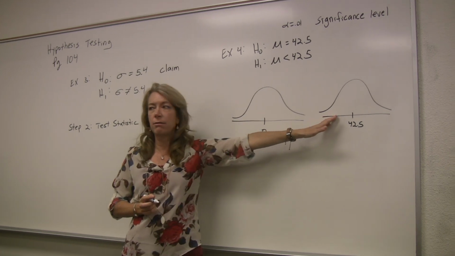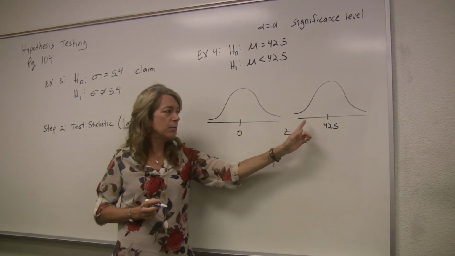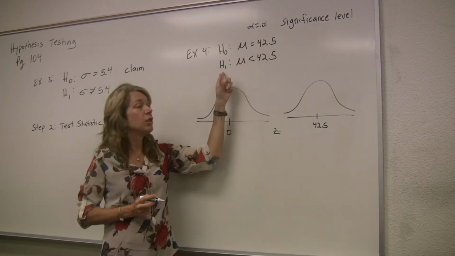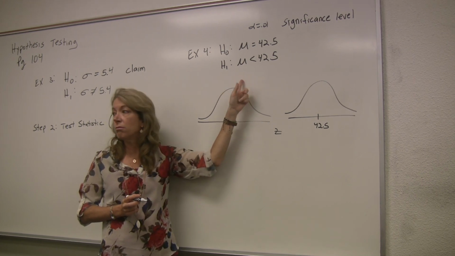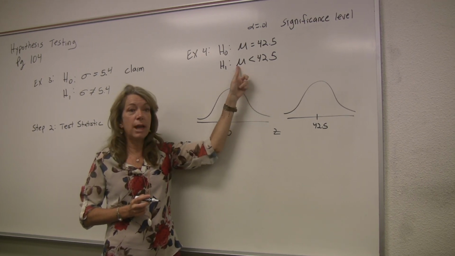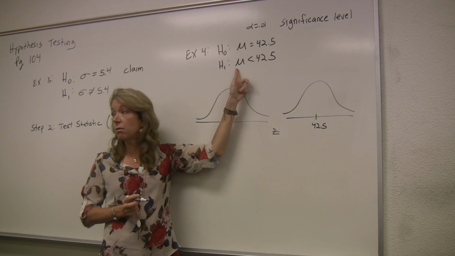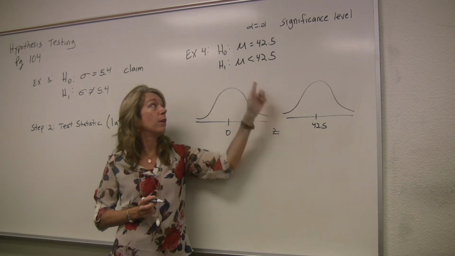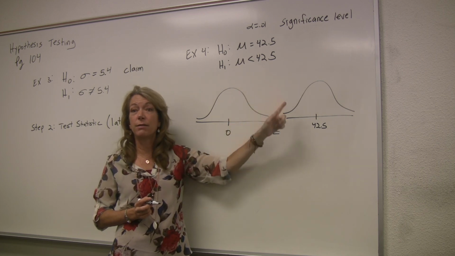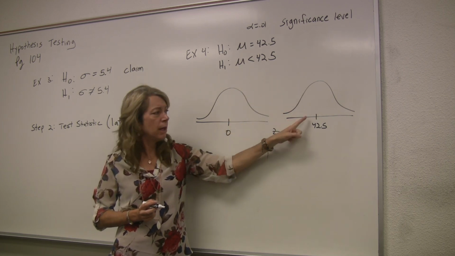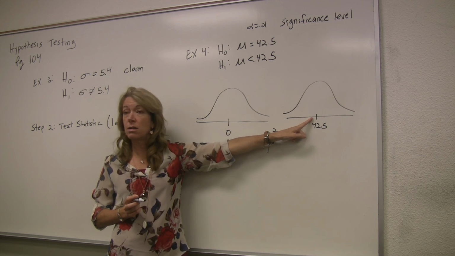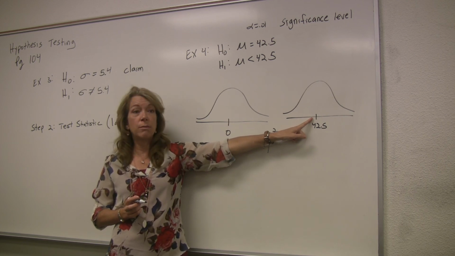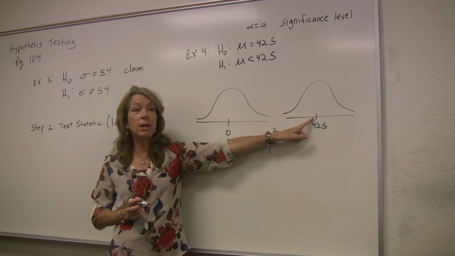Looking at this picture on the right, where on this number line would I have to be to show that this is correct? H1 is correct, not H0. So where on this number line would I be to show that the mean is less than 42.5? Somewhere to the left. Like right here? Yeah, maybe. Could be. Anywhere to the left?